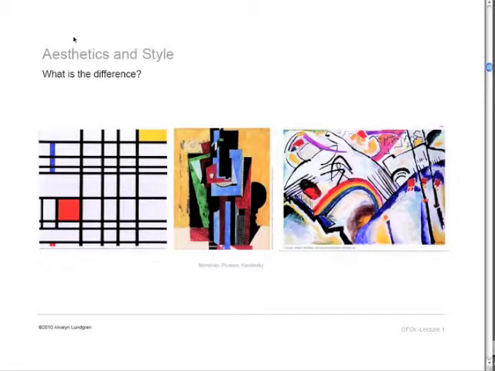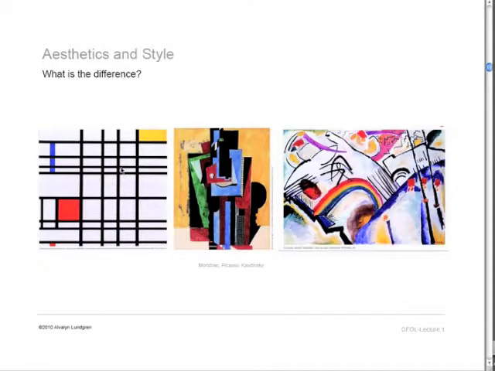So we can look at the Lundgren here and the Picasso and the Kandinsky, and each one is vastly different from the other. Each one is non-objective or abstract, but each one uses aesthetic principles actually in the same way, but expresses differently.